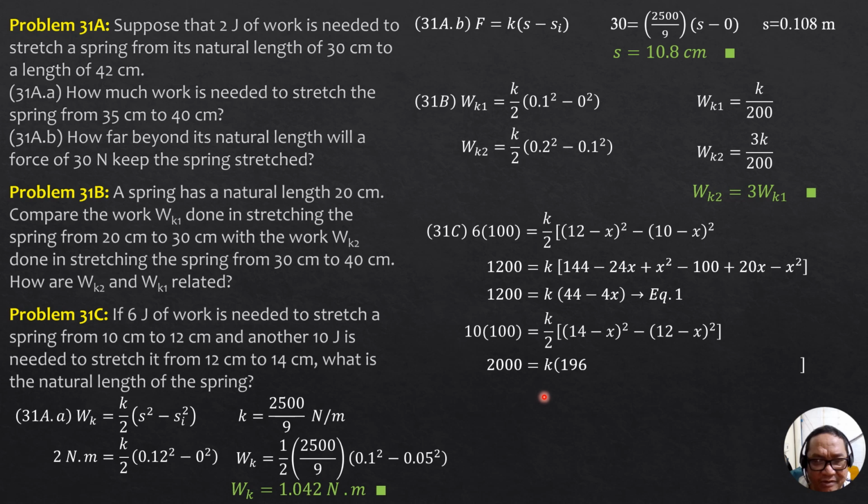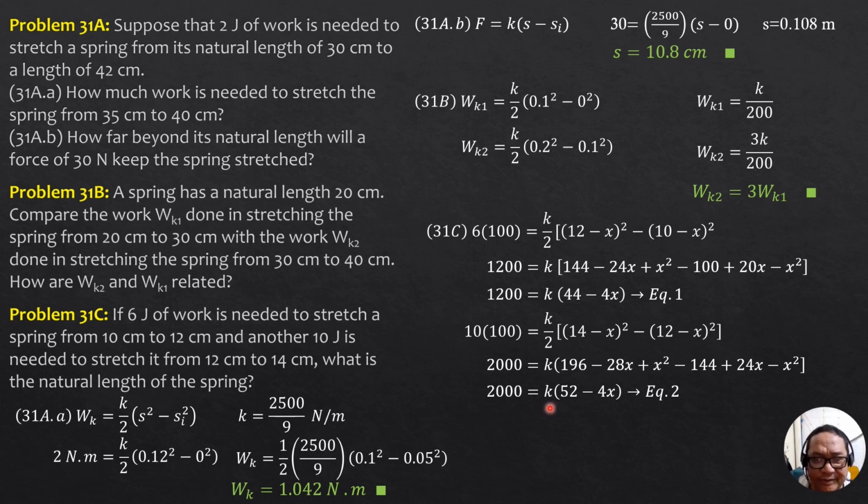Simplifying, that's 2000 equals k times quantity 196 minus 28x plus x squared minus 144 plus 24x, then minus x squared. Simplifying further, 2000 equals k times 52 minus 4x, call that equation 2.